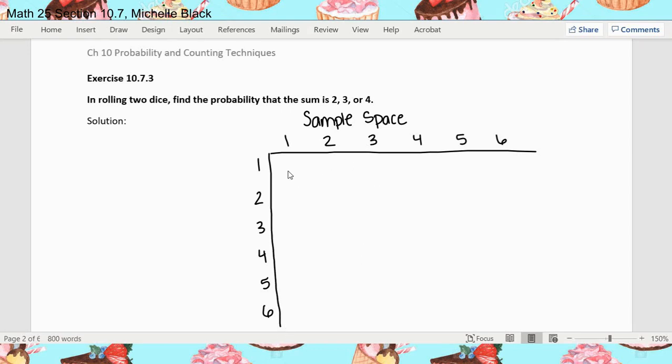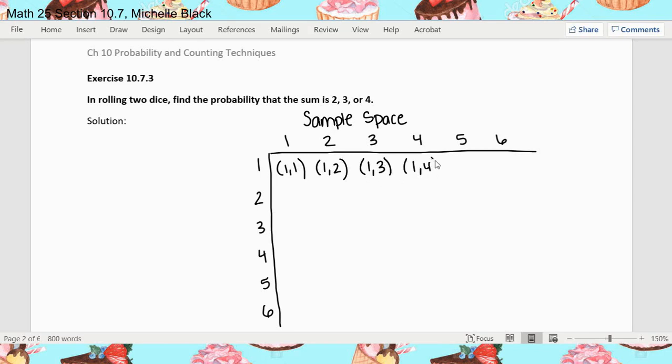So one outcome that could happen is I could roll a 1 and a 1. My first die was a 1, my second die was a 1. Or maybe my first die was a 1, but my second die was a 2. Or my first die, I rolled a 1, and on my second die, I rolled a 3.